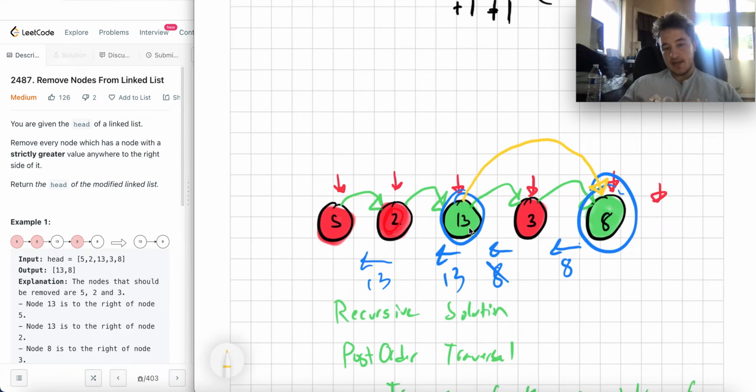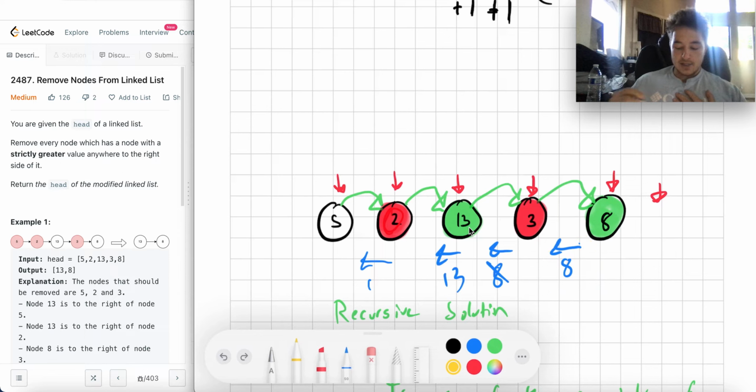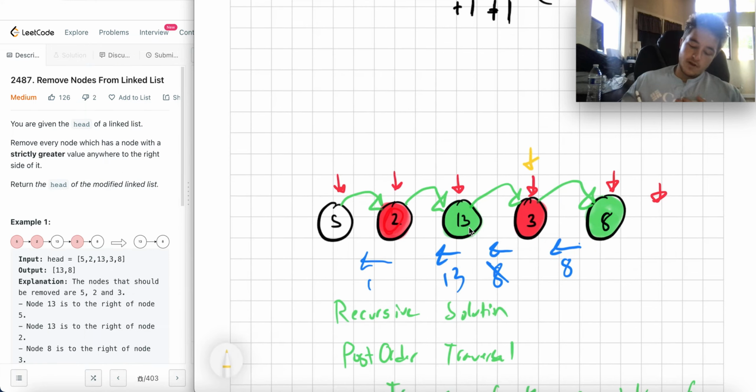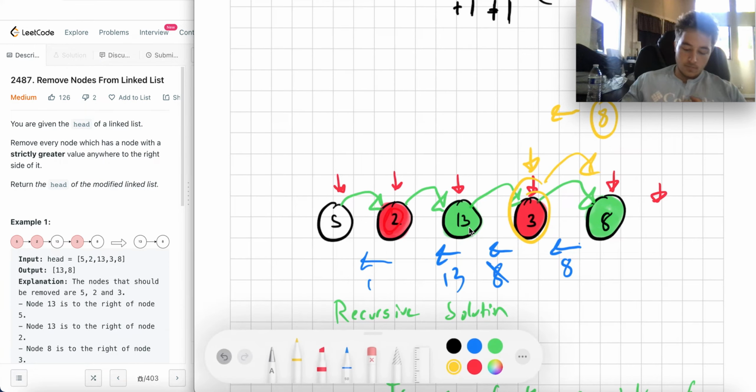So what you should do when you return is you need to save information about the largest thing as you traverse, as well as the tree that exists, right? When we are here, if we don't keep a node, we return what comes next, right? So when this gets returned, it'll be returning 8. And then when it gets here, it's not going to add 3, so it'll return 8 again.